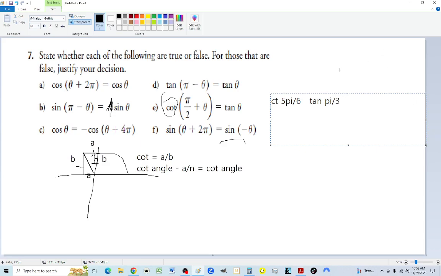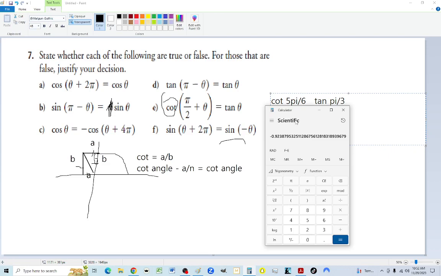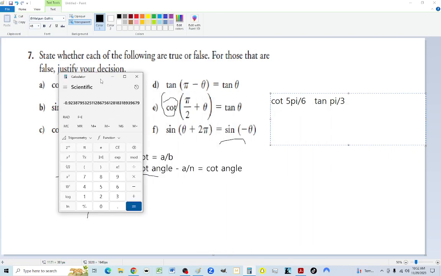It's quite clear, I believe, that this is not true, but it's a good thing to check because I'm working on steam here. I could easily be wrong. So, what is 5 times pi divided by 6? We're going to clear our calculator and hit tangent, and save that: minus 1.73.